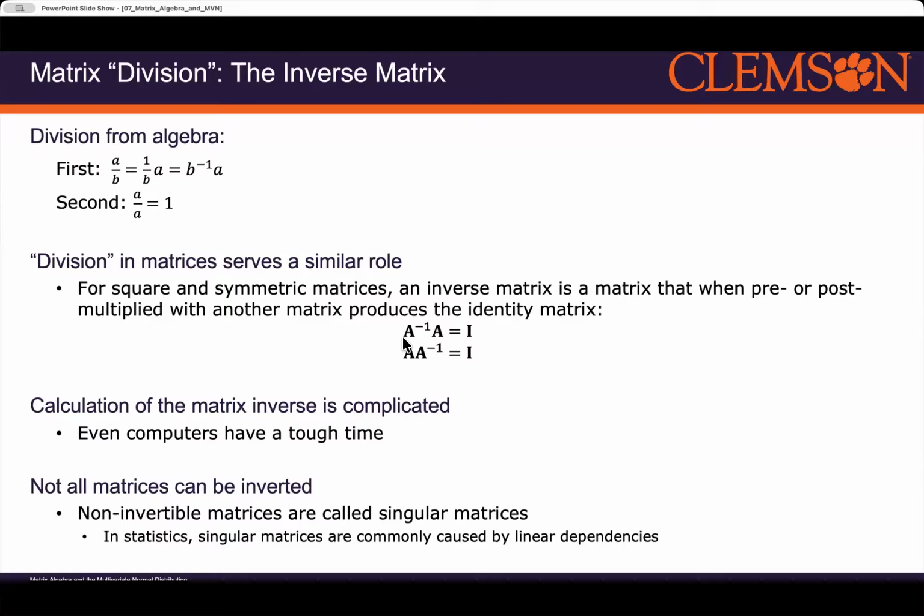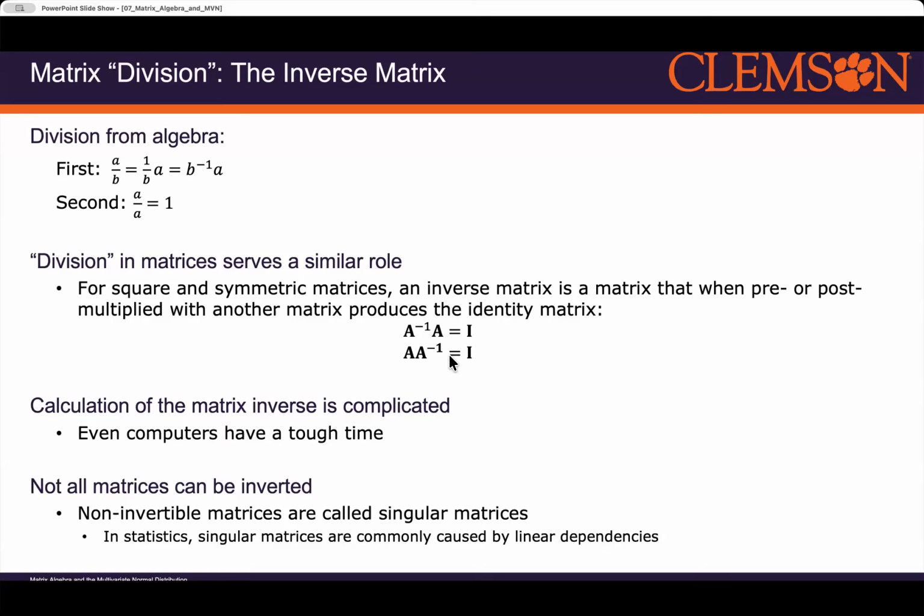Narrowing the definition of an inverse to square and symmetric matrices, at least for this class, simplifies things: a square matrix can be a pre- or post-multiple of its inverse, no problem. The inverse has the same size, so it can be pre- or post-multiplied, and that makes the matrix math work out.